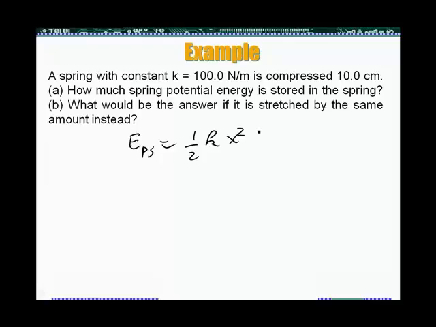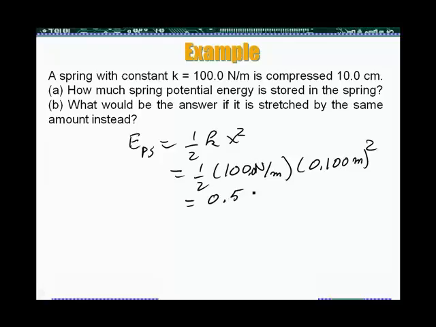K is given here, x is given here, so we just plug it in, 1/2 of 100 newtons per meter times 0.1 meter squared. 0.1 is going to become 100th when I square it, times 100, that gives us 1 over 2, so it's 0.5 joules. So actually this is a dinky spring. We need to have a bigger spring constant. Anyway, it's just half a joule.